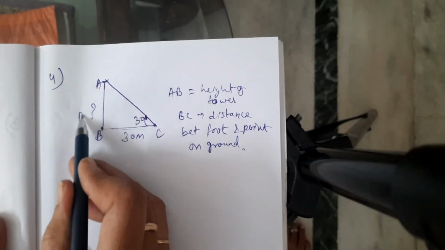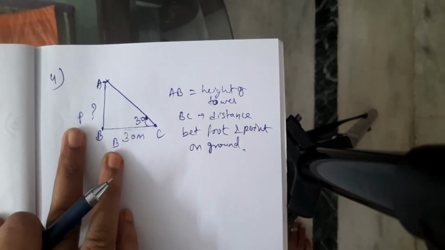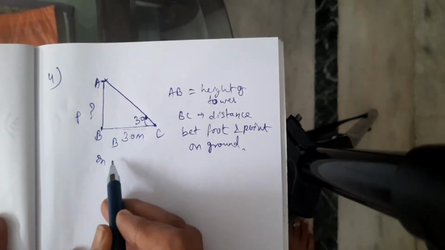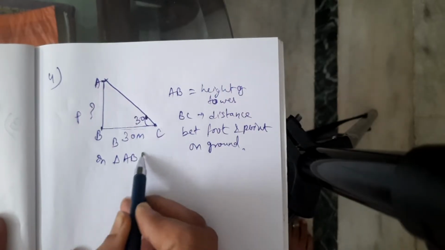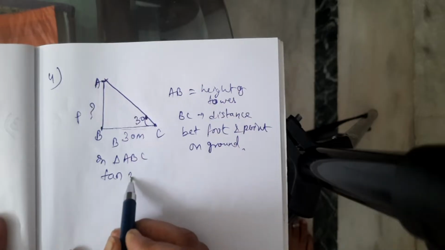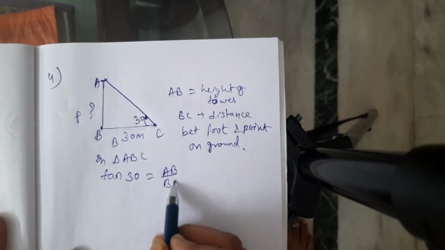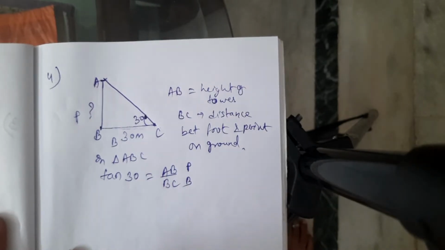Here we are in relation with perpendicular and base. Perpendicular and base, that comes under the relationship of tan. So we are going to use here tan 30. In triangle ABC, tan 30 is equal to AB upon BC. AB is perpendicular, BC is base.